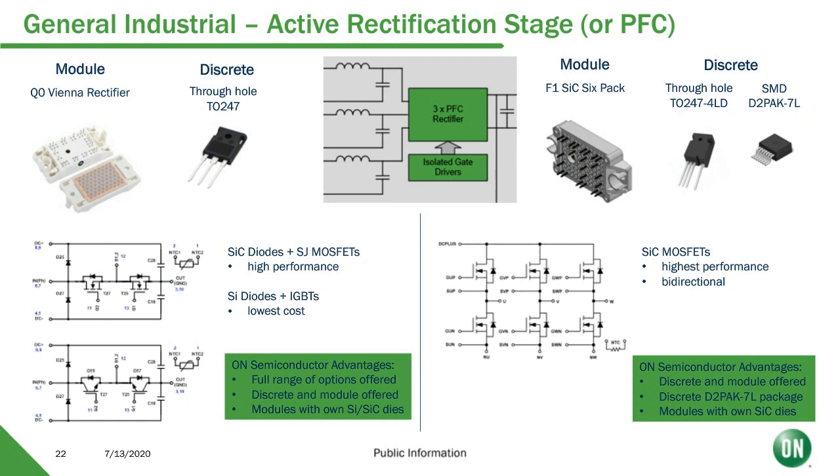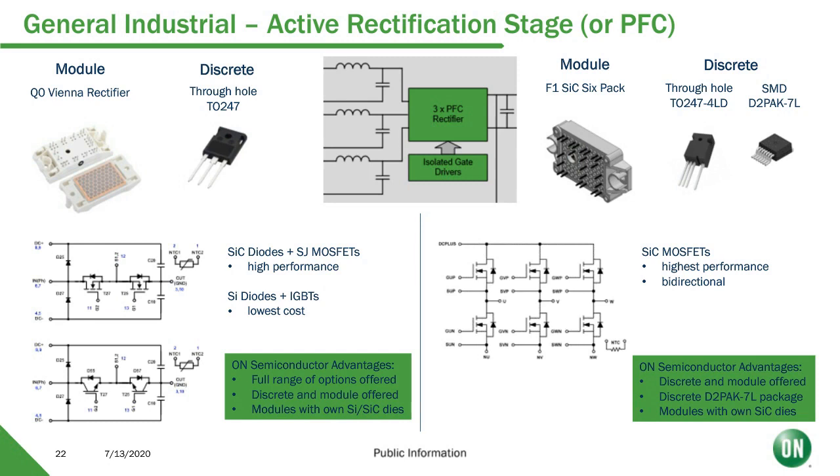In terms of trends and when to use silicon carbide devices, if your main design decision is low cost, of course, silicon diodes and IGBTs are always going to be the solution there. For high performance, we see the pairing of silicon carbide diodes and superjunction MOSFETs. And in both of these instances, ON has an array of products offered here.